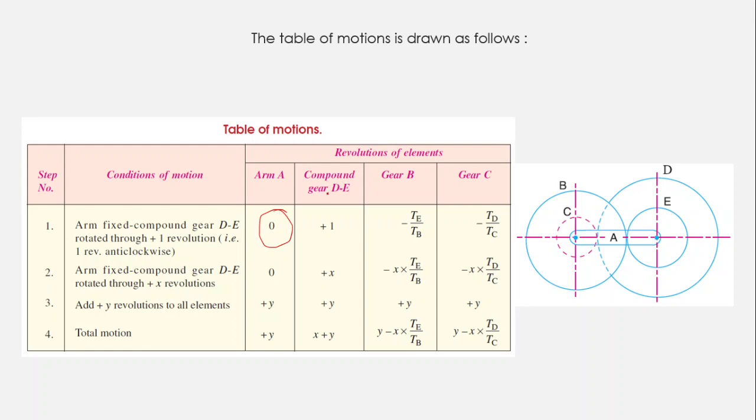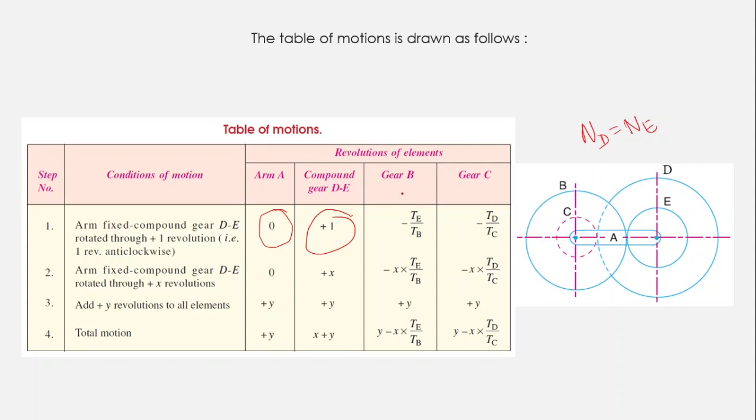For the compound gear, ND must be equal to NE, because both gears are mounted on the same shaft. That type of gear arrangement is known as a compound gear. So for compound gear DE the revolution is +1, which we have already substituted here.